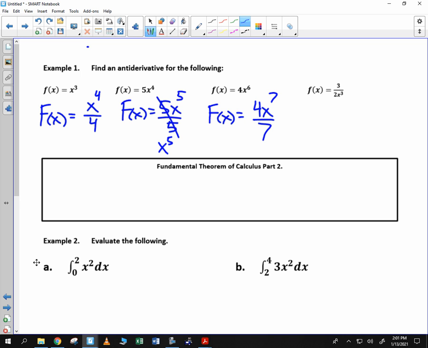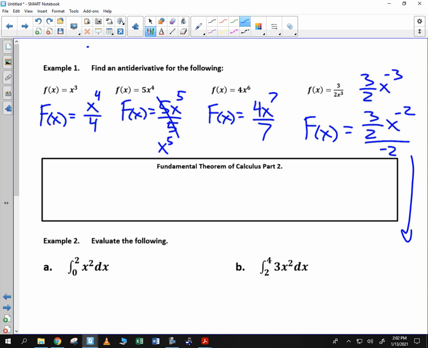Sometimes you might need to rewrite it. 3 over 2 x to the negative 3. So big F of x is going to be equal to 3 over 2 x to the negative 2 divided by negative 2. When we divide by negative 2, we get 3 over negative 4x squared. So you know how to compute antiderivatives.